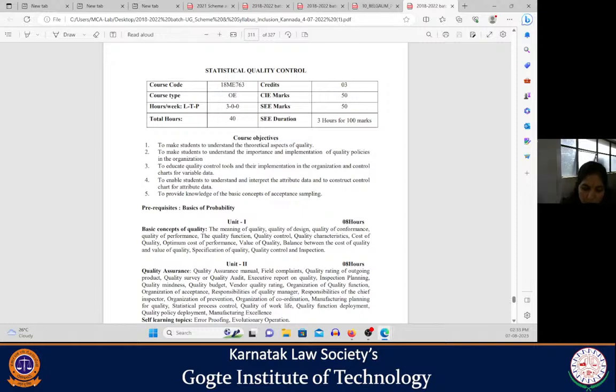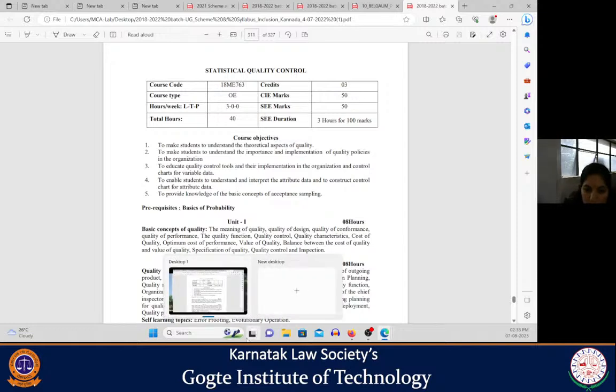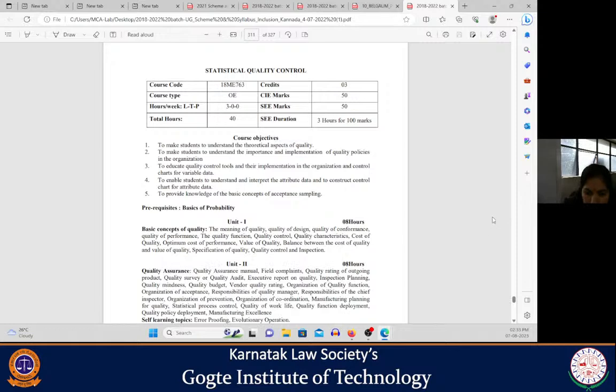In this unit you will study the quality assurance manual, field complaints, quality rating of outgoing products, surveys, quality audits, and the responsibilities involved. You will also study the organization of prevention, organization of coordination, and manufacturing planning for quality, along with other processes related to manufacturing and service sectors with respect to quality assurance.